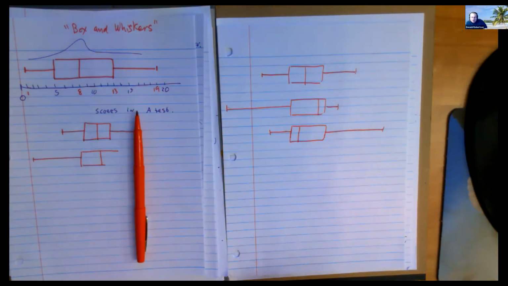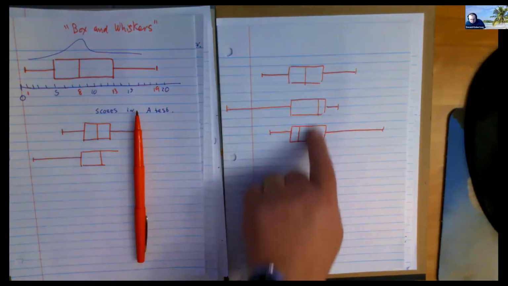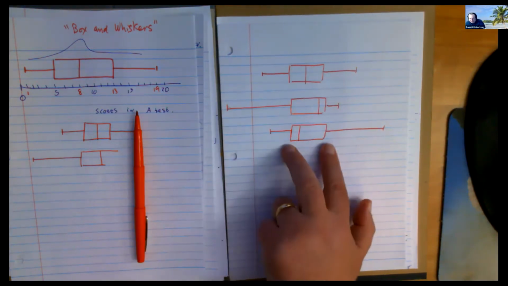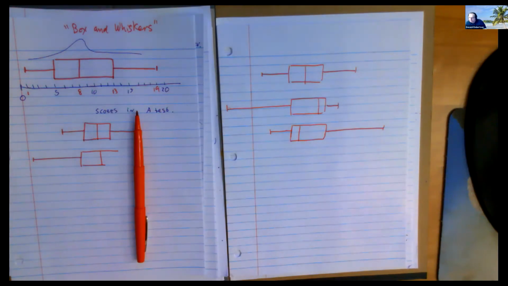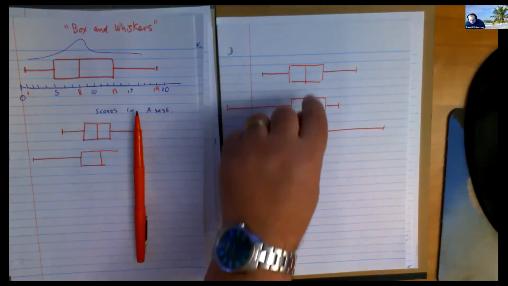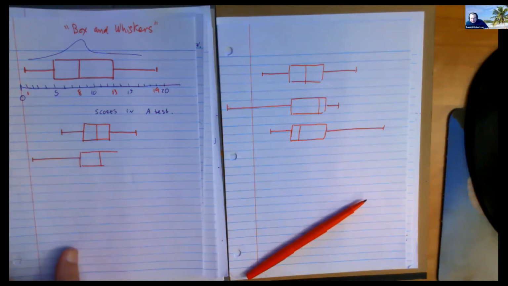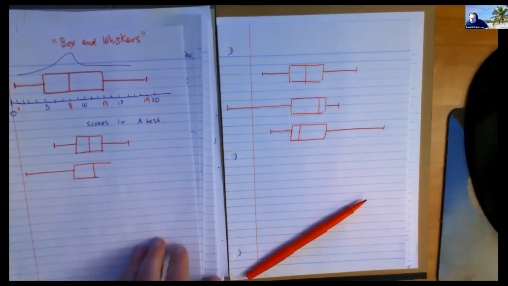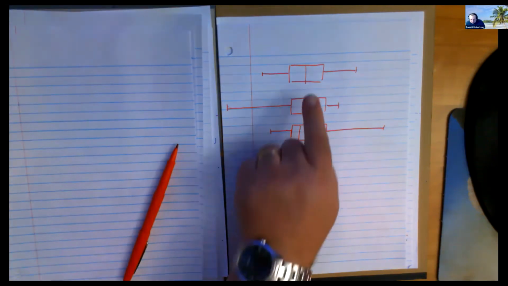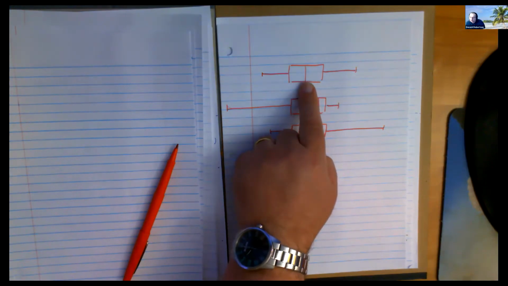I've tried to put the boxes where the middle half is actually the same one, just for comparison purposes. But each one of these box plots would generate a different shape. It would either be symmetric, skewed right, or skewed left. And you can actually make a pretty good judgment call only based on this.